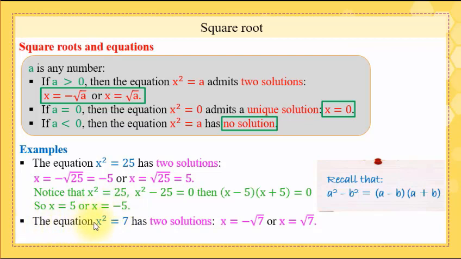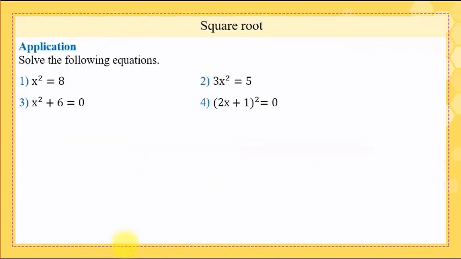The equation x power 2 equals 7 has two solutions, x equal minus radical 7 or x equal radical 7, since 7 is positive, and here we say if a is positive, then we have two solutions. The equation x power 2 equals minus 7 has no solution since a is negative, and also we say here if a is negative, then the equation has no solution.